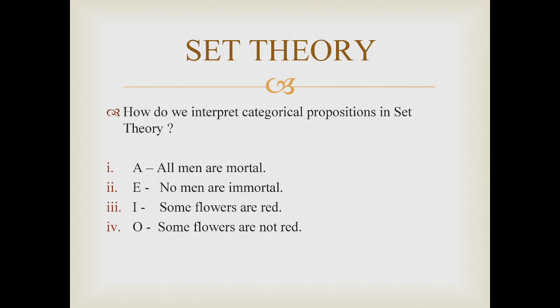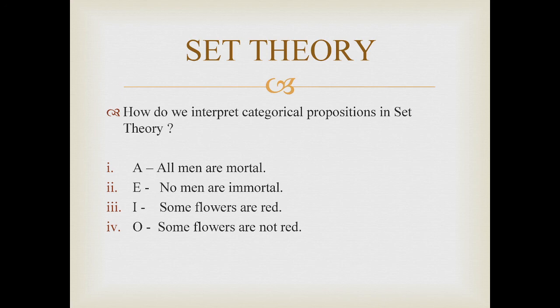So we write M intersection T complement, where mortal is T, is equal to 0. Therefore, men who are immortal form a null set or empty set. Therefore, all men are mortal.